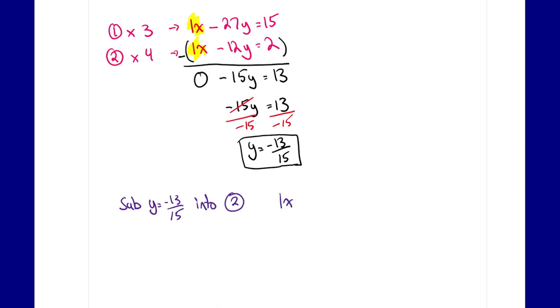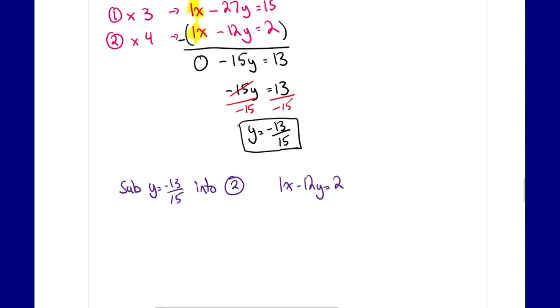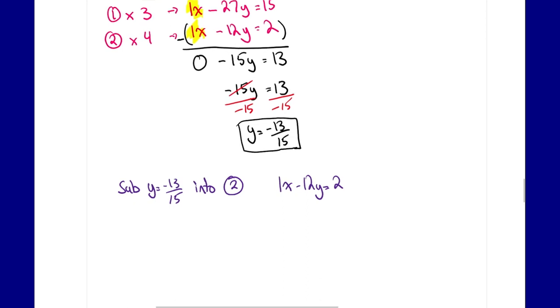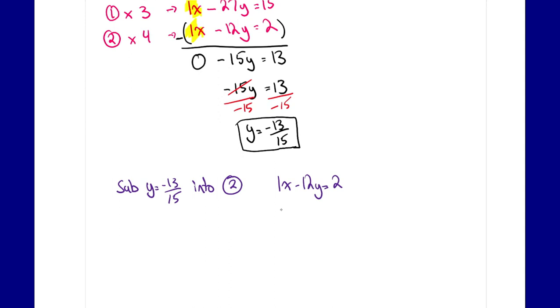So I'm going to use 1x minus 12y equals 2, right? Which is fine to do because, again, it's equivalent to our original equation. So replace the y. So x minus 12 times negative 13 over 15 equals 2.